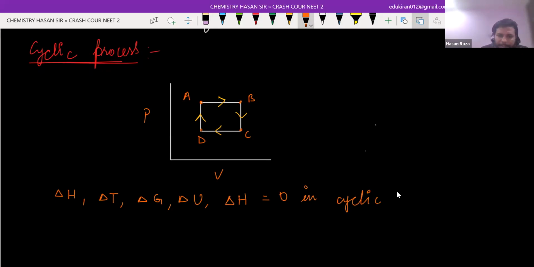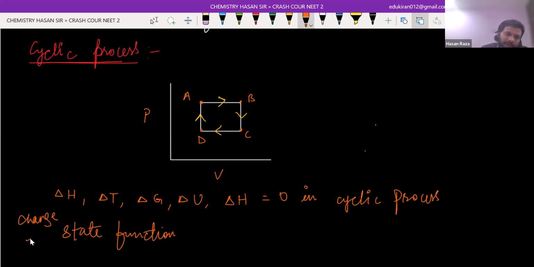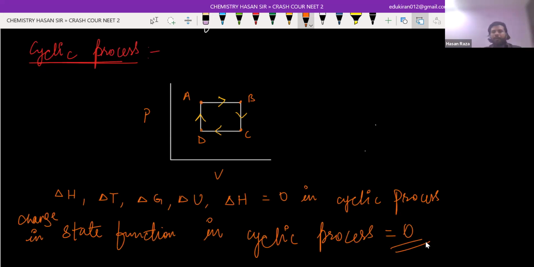Basically, the change in a state function in cyclic process, if you calculate it, will always be equal to 0. Is that clear? Please do write it and then let me know.